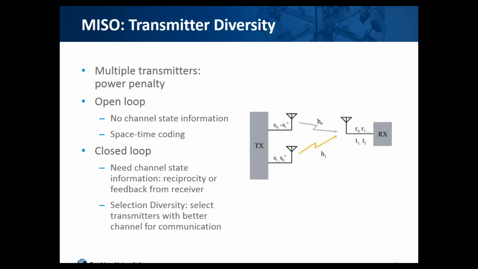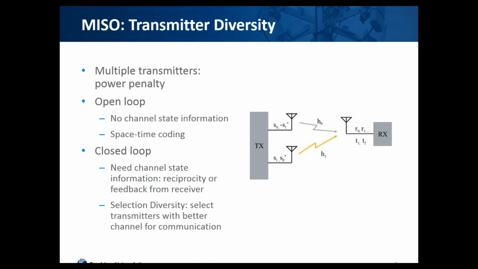MISO systems operate differently depending if they have information on the channel or not. This is called channel state information. If the transmitter does not know the characteristics of the propagation channel, we talk about open loop systems. In this case, the transmitter needs to make decisions regardless of the specific characteristics of the channel.